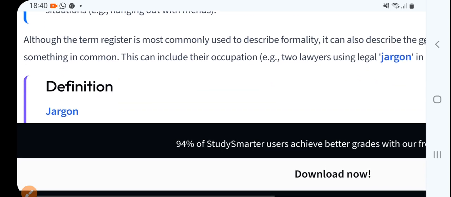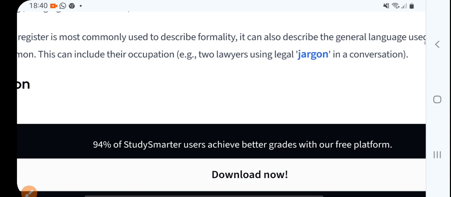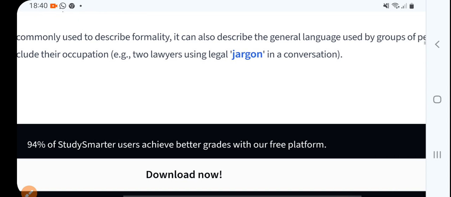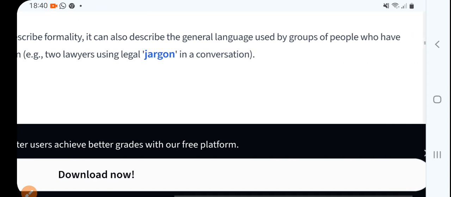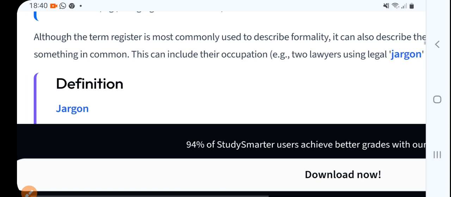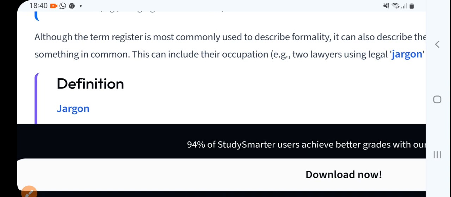Although the term register is most commonly used to describe formality, it can also describe the general language used by groups of people who have something in common.